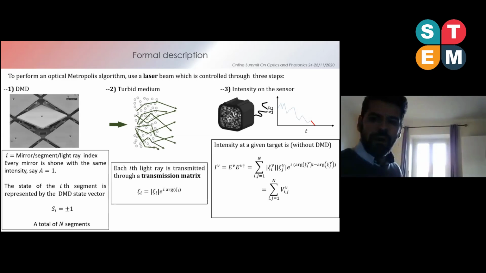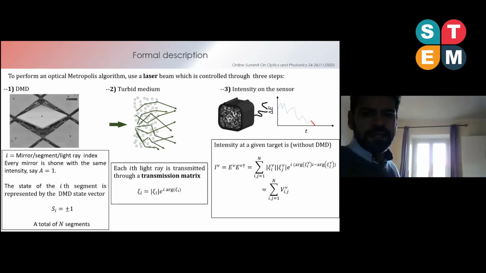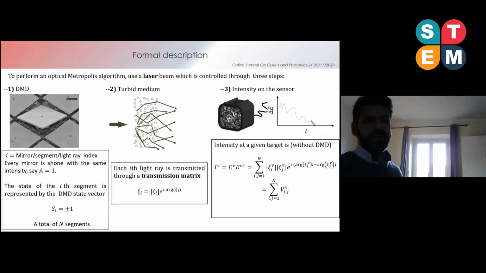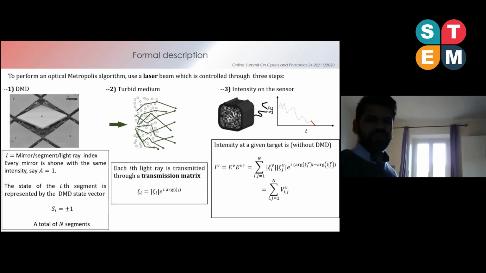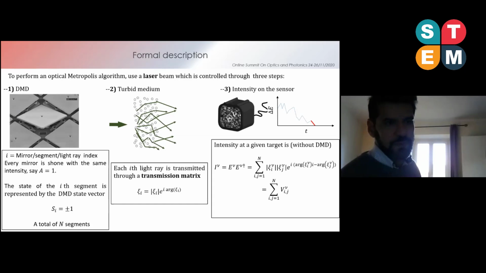So you have a sum over two indices in which you have each value of the transmission matrix of the disordered material. In the end, if you approximate the intensity of the laser as 1, identical for each element of the DMD, then the intensity on the camera is just proportional to the matrix element V_ij, which is the multiplication of two different light rays outgoing from the DMD.